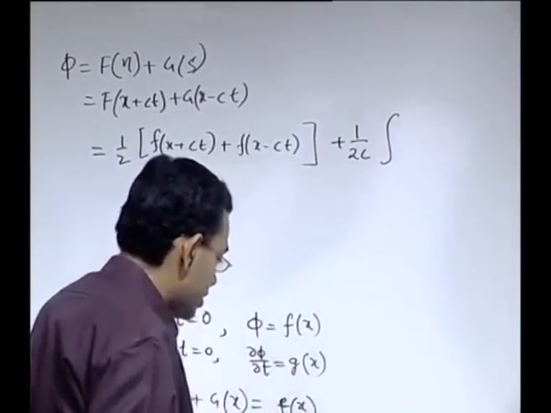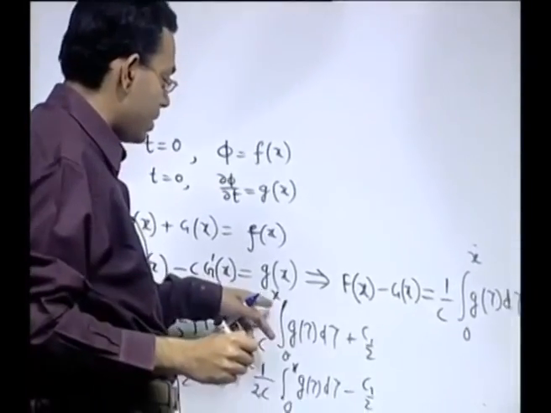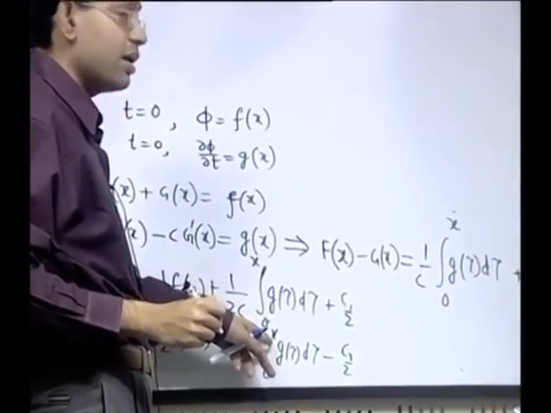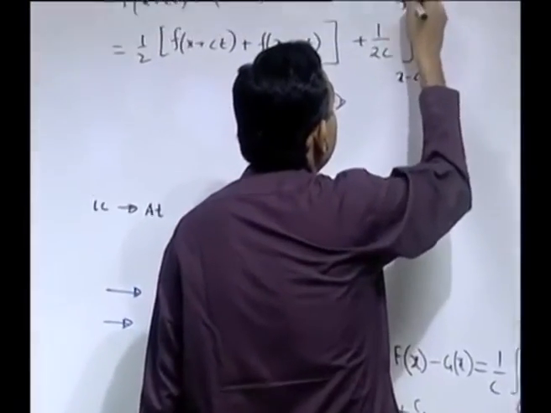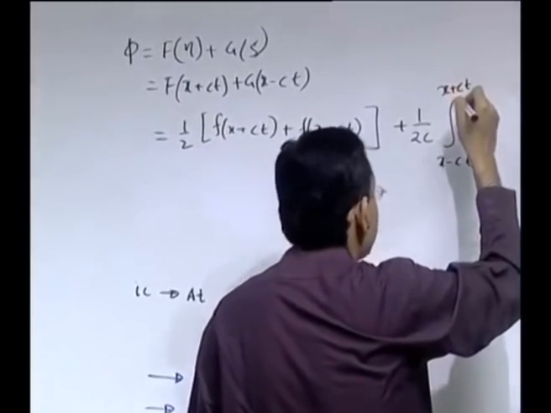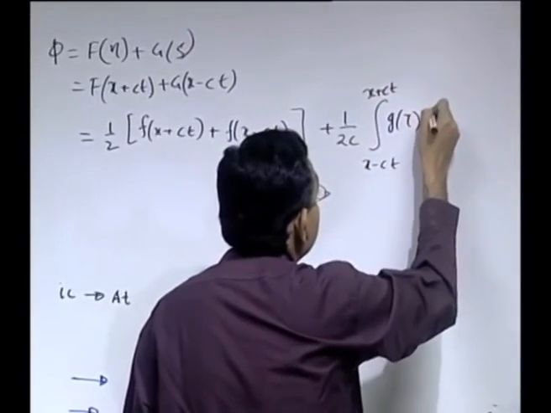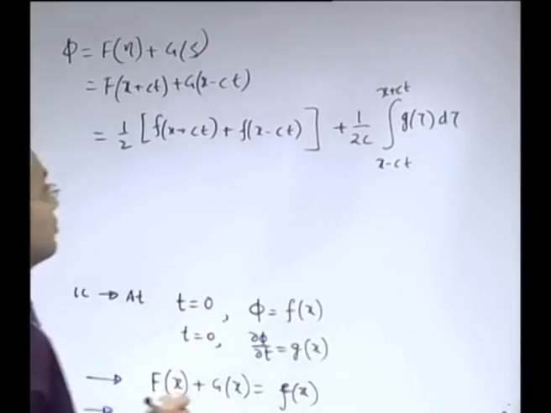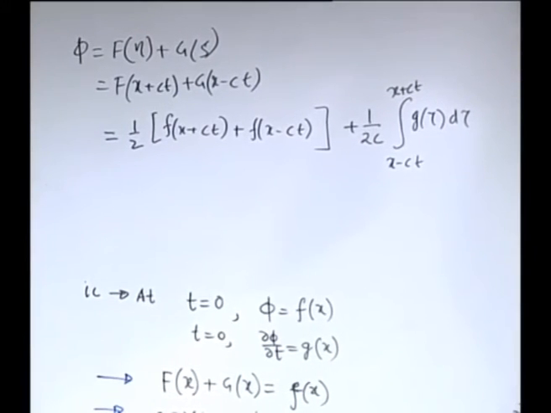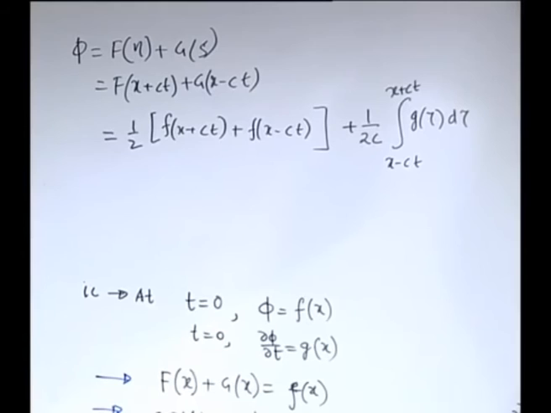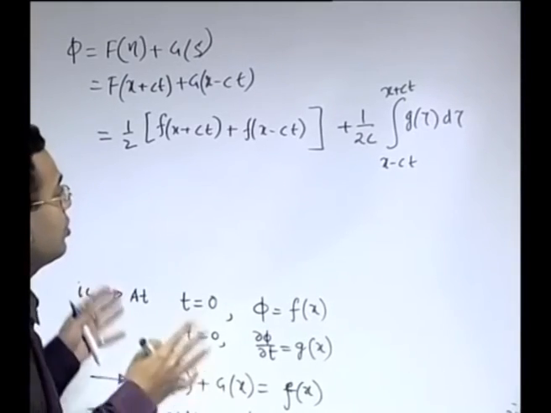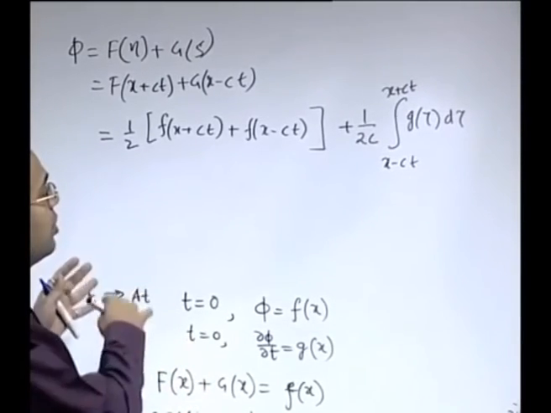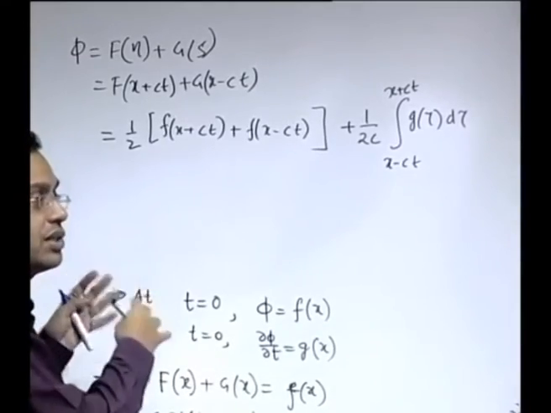These two integrals, in one case x is replaced by x plus ct, in another case x minus ct. So, it will become from x minus ct to x plus ct. Of course, it shows that once you substitute the initial conditions, how your solution depends on the combinations of x and t.